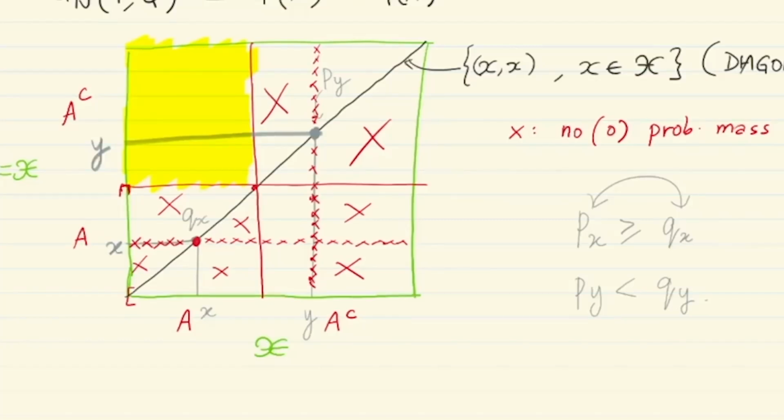So the operational constraints here say that, take a typical point here which we will call x comma y. So the x coordinate is small x and the y coordinate is small y.